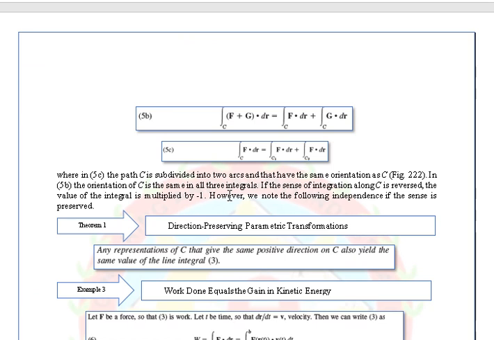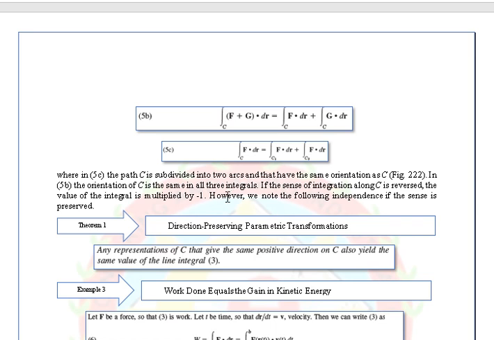So, once again, if meron kang function and you take its path integration along a certain path, in general that function is path dependent, nakadepende siya sa kung ano yung path na ginamit mo in taking the integration.